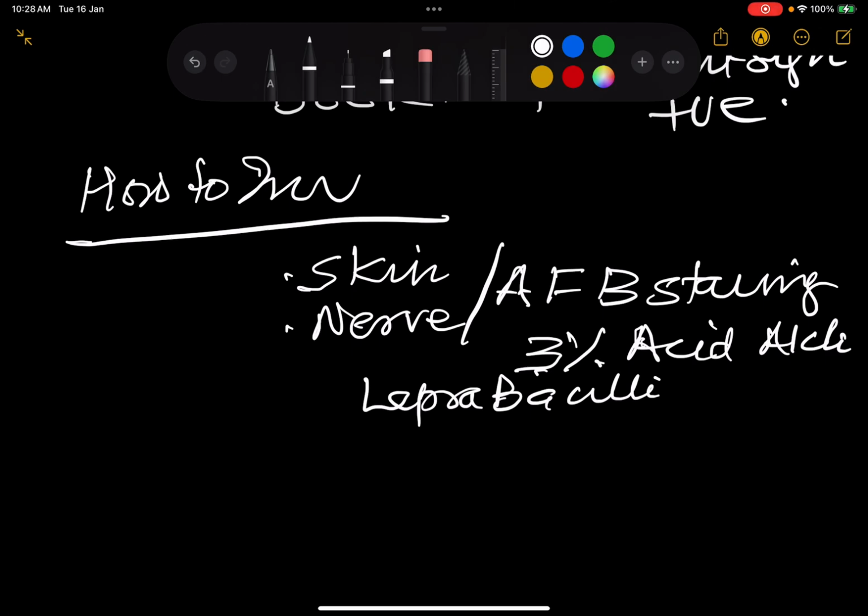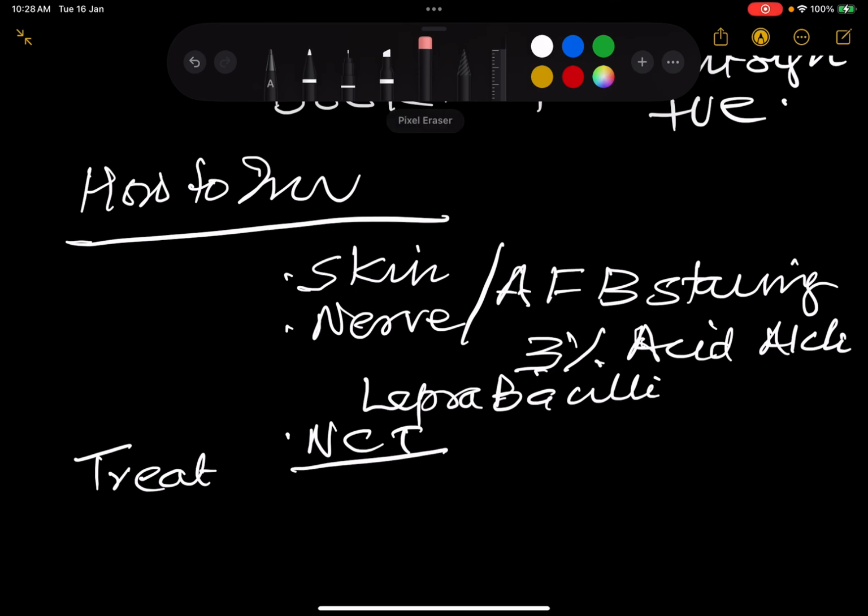You can do nerve conduction tests also to demonstrate the paralysis or the recovery. How would you treat? Treat leprosy.